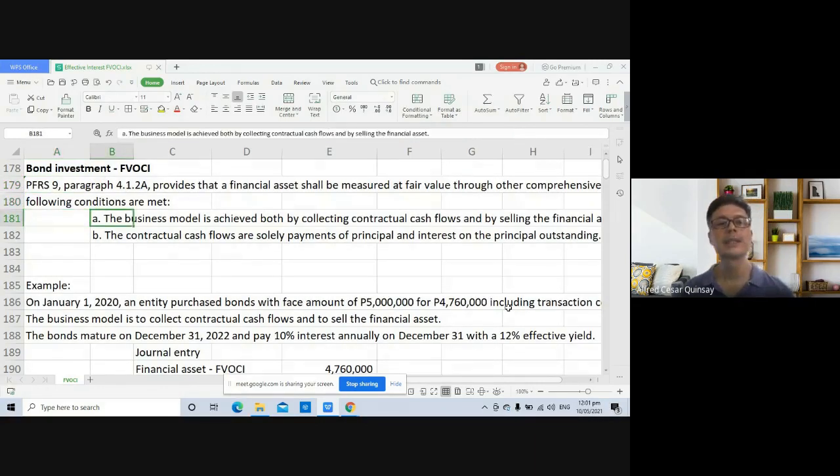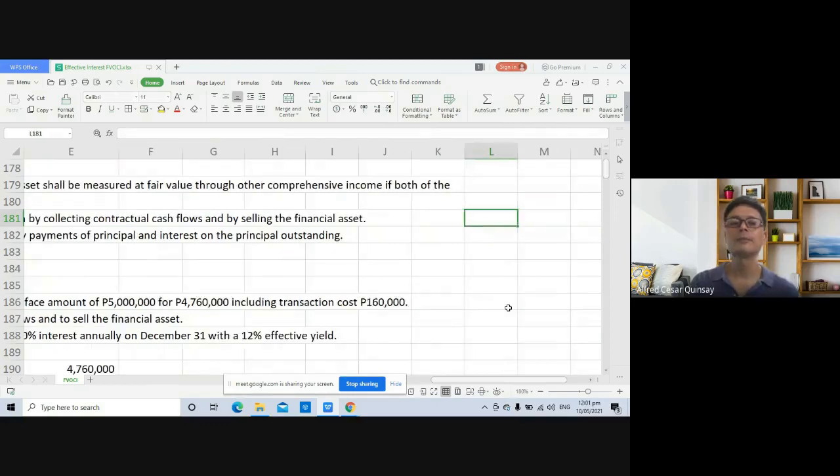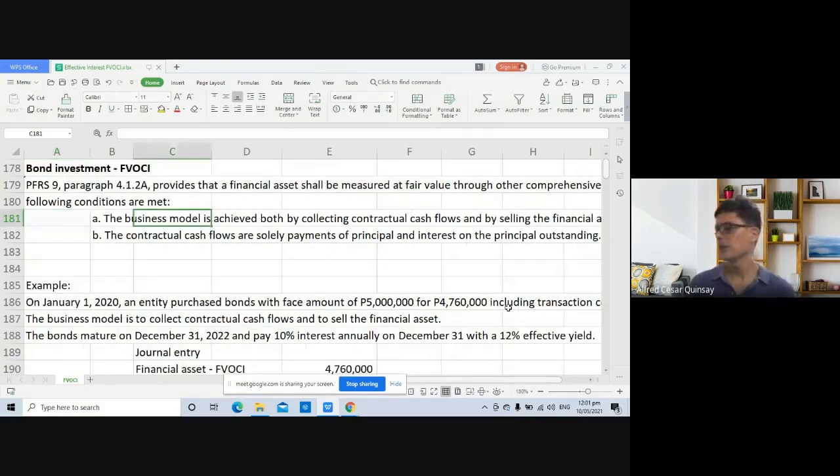Number one, the business model is achieved both by collecting contractual cash flows, the cash flows received by the bondholder on the bond investment, and selling the financial asset. So, there is also an option to sell it.